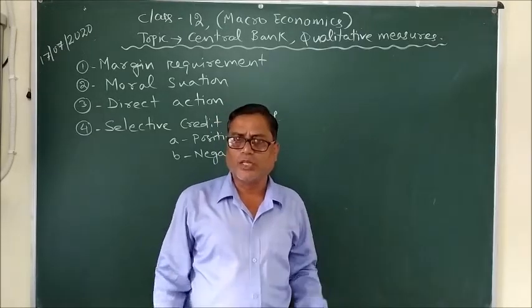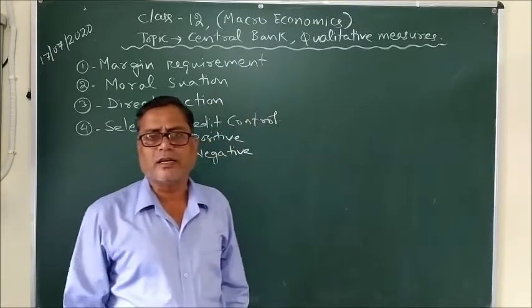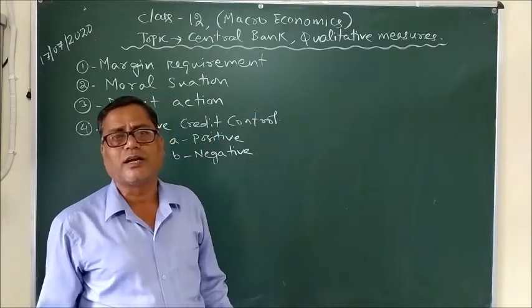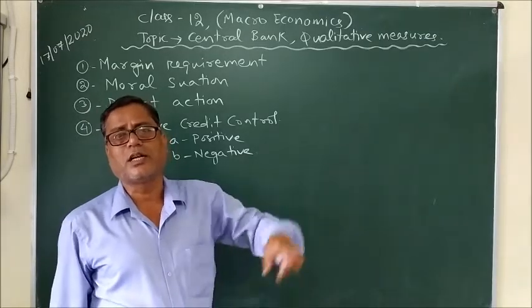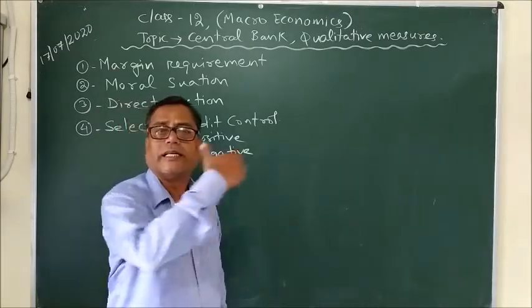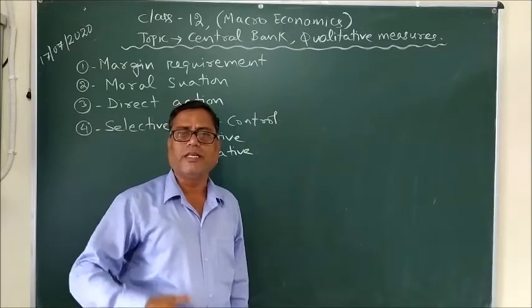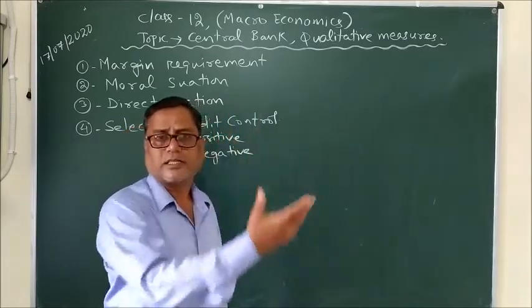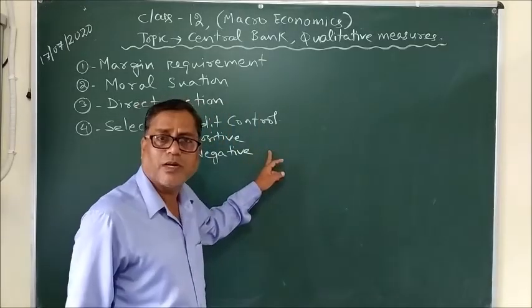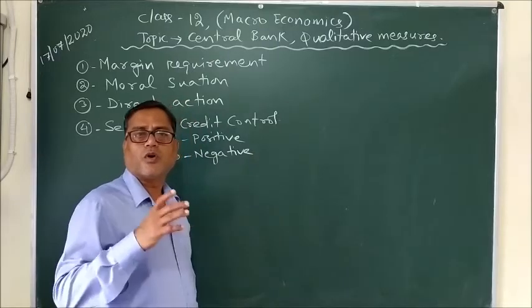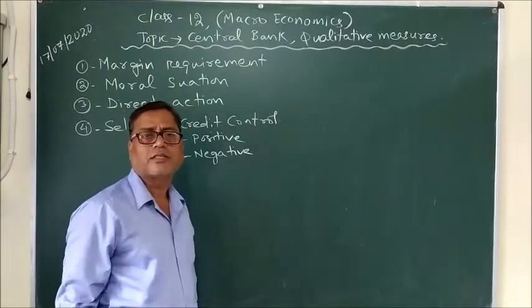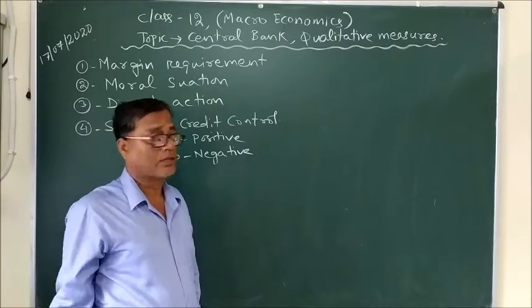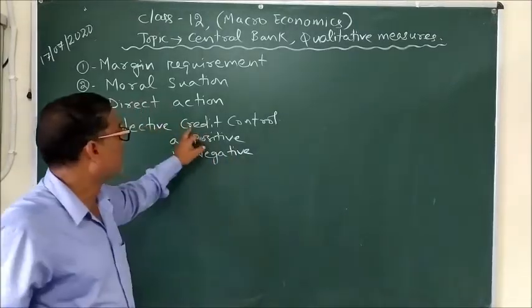In order to do that, the government makes such plans that the rate of interest in those selected sectors would increase, and investors would be discouraged from investing in that particular sector, and more loans would be diverted into some other sectors. That is negative selective credit control.